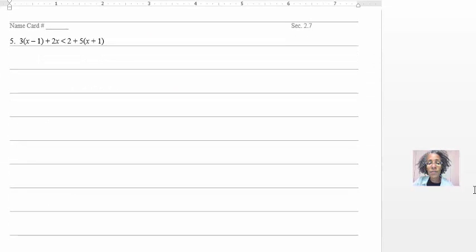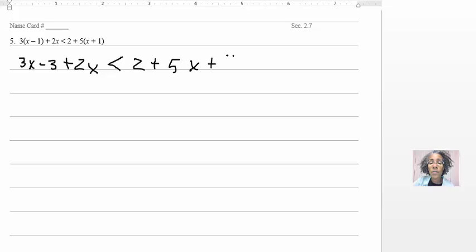All right, let's look at this inequality, and again, let's distribute: 3x minus 3 plus 2x is less than 2 plus 5x plus 5. All right, let's combine like terms. So I get 5x minus 3 is less than 7 plus 5x.